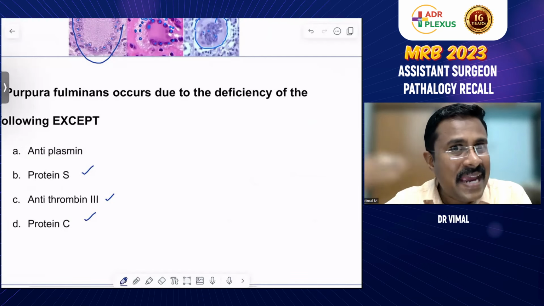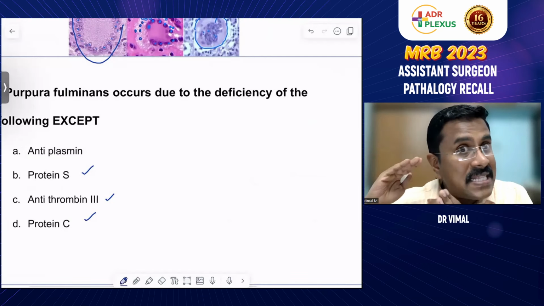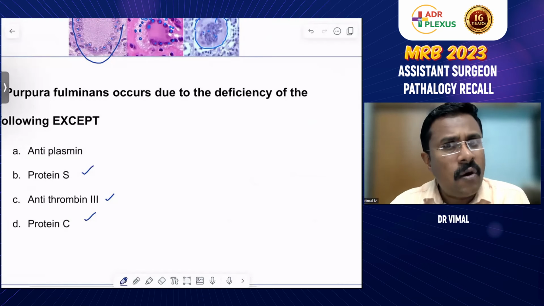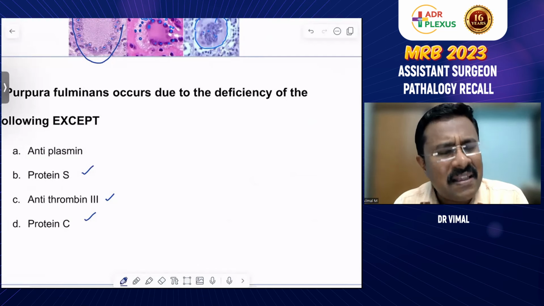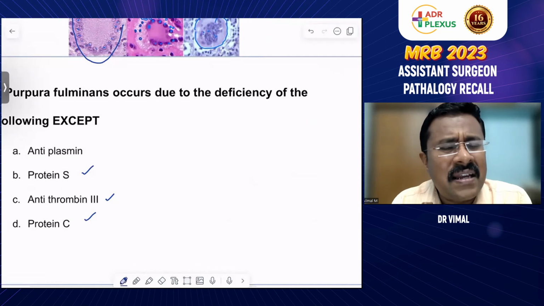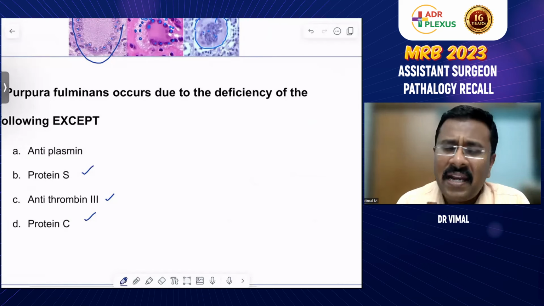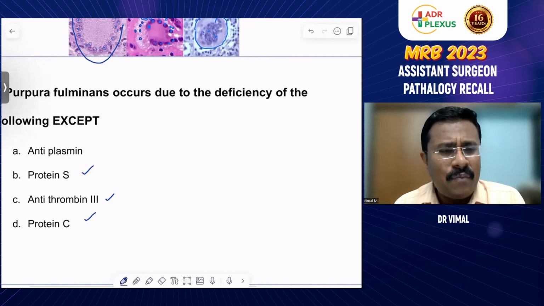It is against thrombin, so it prevents hypercoagulability. But with deficiency of antithrombin, there is no one to counteract thrombin, so the thrombin level will increase, resulting in a state of hypercoagulability. So protein C deficiency, protein S deficiency, and antithrombin 3 deficiency cause hypercoagulability.